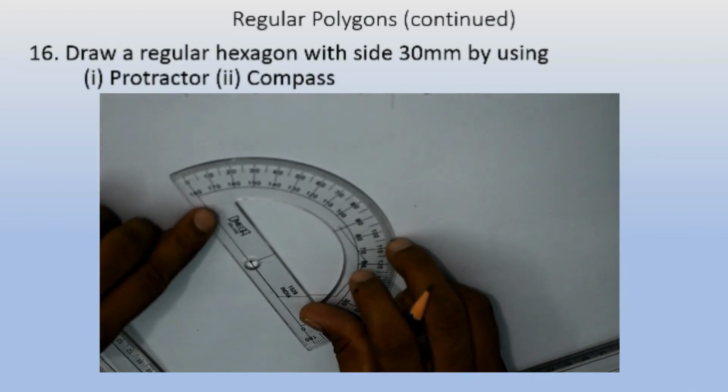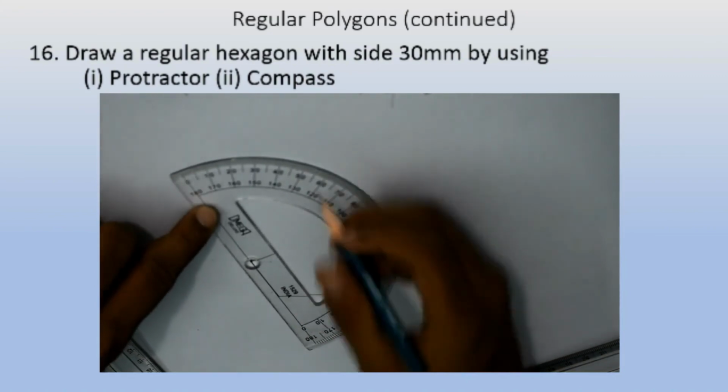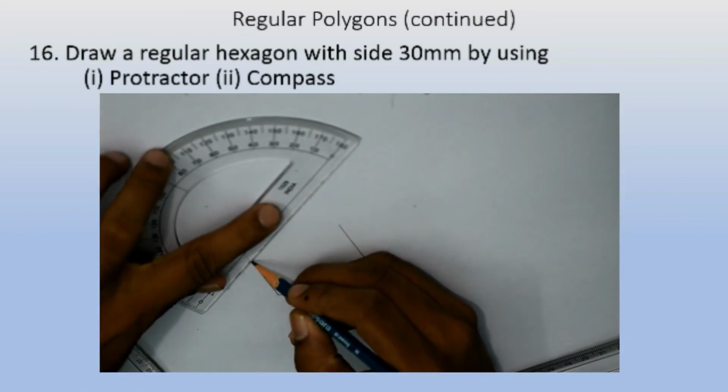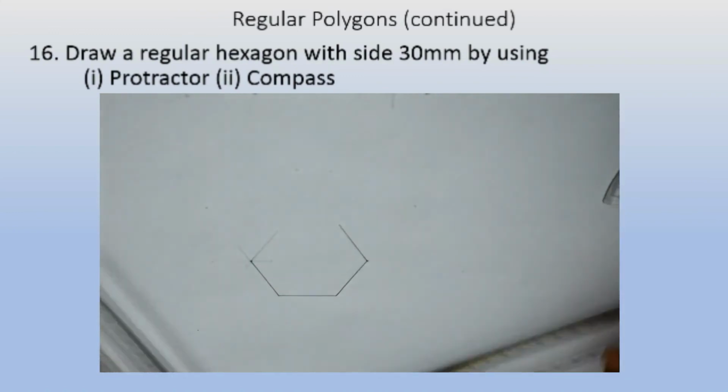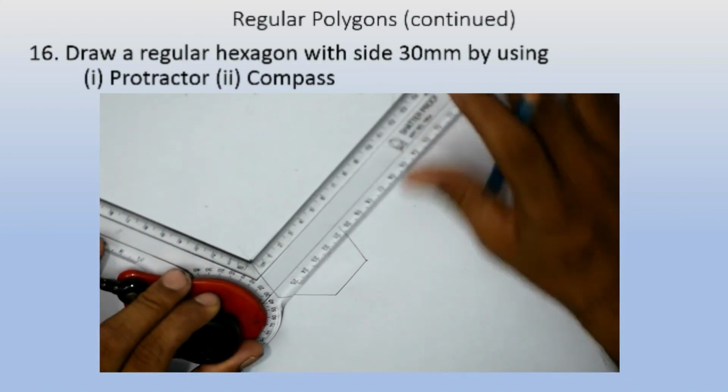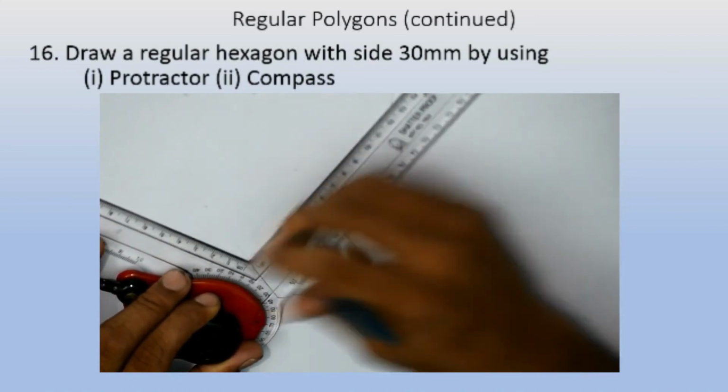Again from this end point, we have to take 60 degree. I am telling you one more time that the protractor scale will have two markings from 0 to 180 from this side and that side also. So you need to be sure before taking the angle.